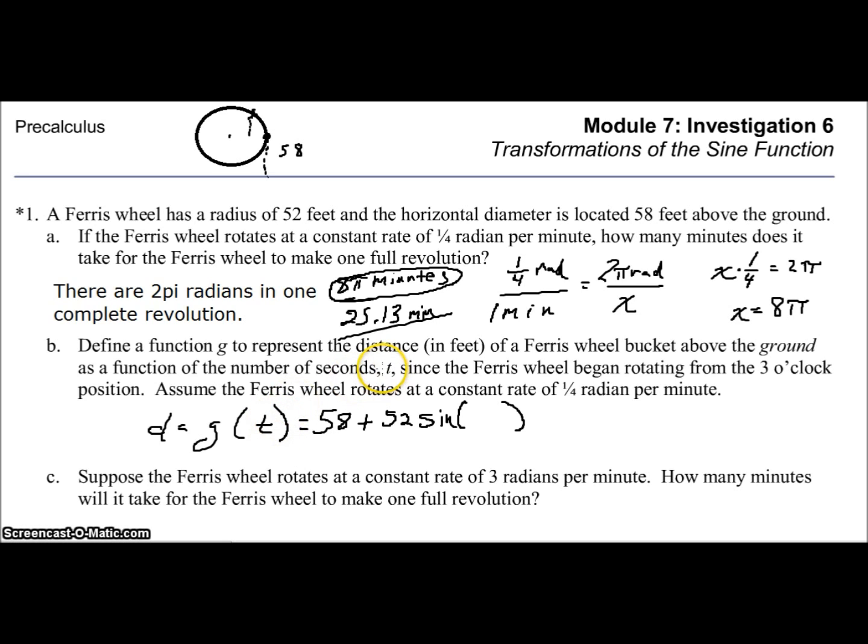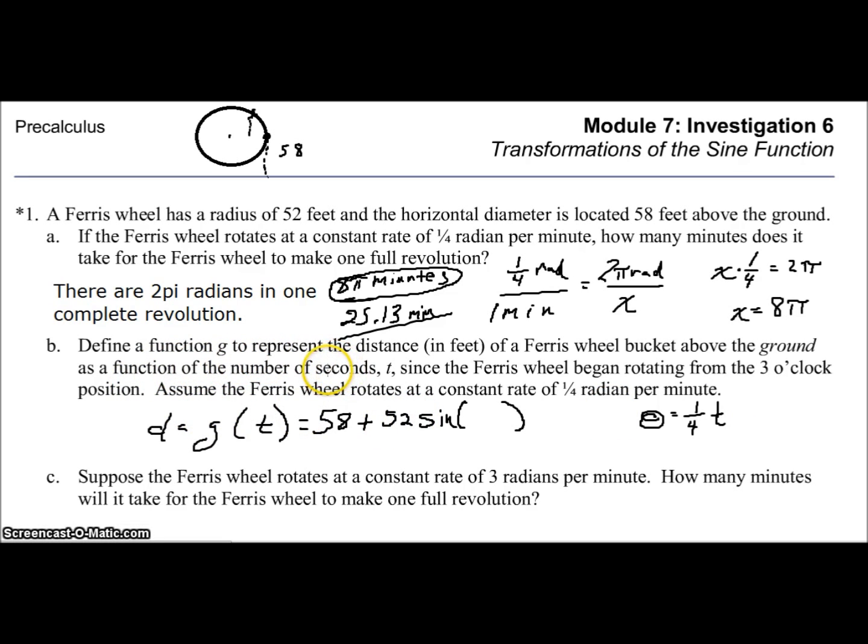if time is in seconds, let's see, so what do we have? We have a few things here. First of all, the theta is 1/4 radian per minute. So if we want to know how many radians we've traveled through, just take the number of minutes and multiply by the time.